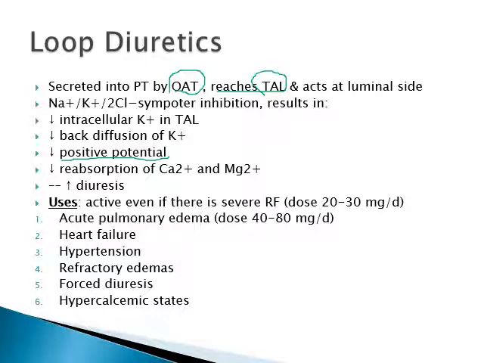As this transporter is being blocked here, this will lead to a decreased effect of antidiuretic hormone in the distal tubule. This decreased effect of ADH will also add to the diuretic effect of loop diuretics. So these are some of the mechanisms, all complicated, but the most important one is that it will inhibit the sodium potassium 2 chloride symporter in the thick ascending loop of Henle.